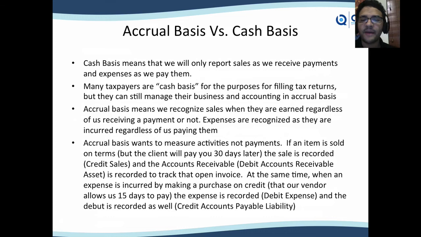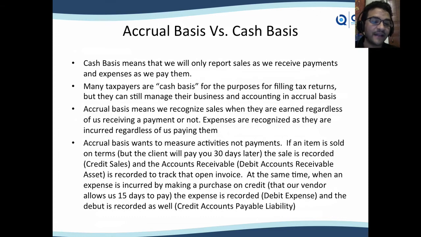Now, accrual basis focuses on measuring activities, not payments. Although in accrual basis, we also look at payments when we look at accounts receivable and accounts payable, but the focus really is around understanding the activities of the business and the financial health as a result of the activities, not necessarily the payments.